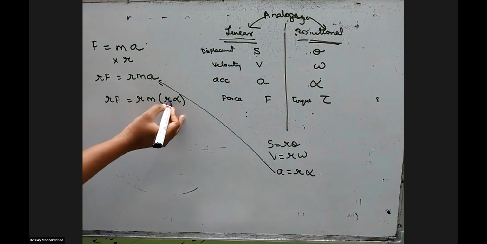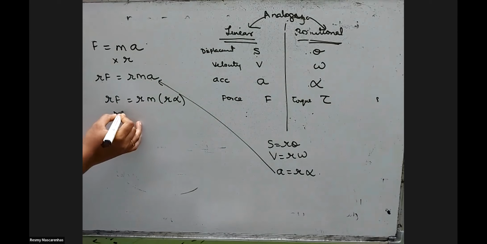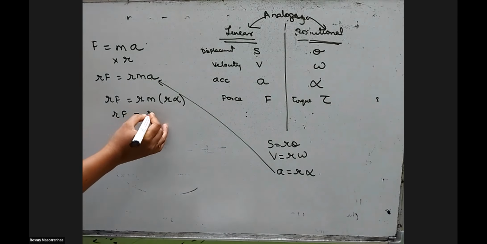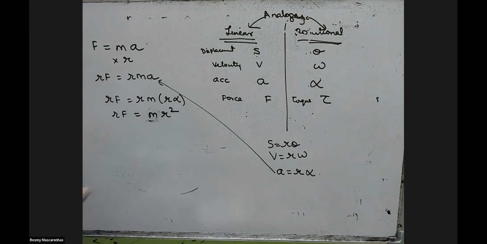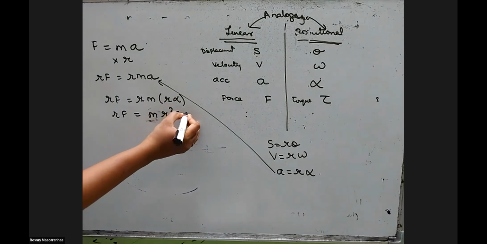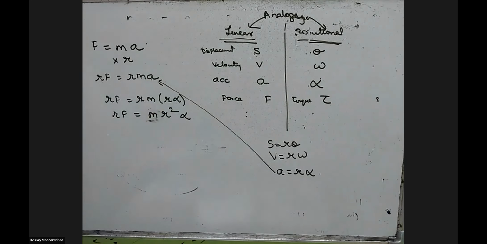So what is going to happen? r into r will give me r square. Okay, I'll write it as m r square alpha. What is r into F?